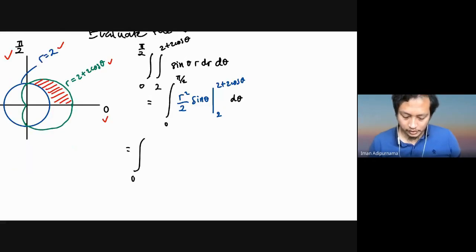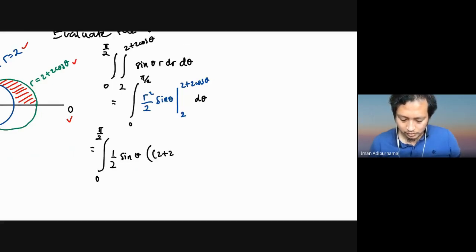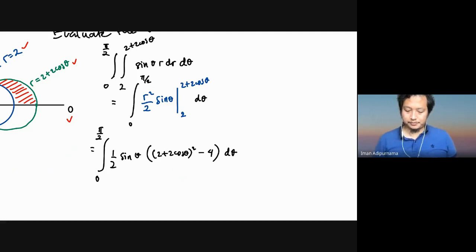You still have this value, and then you have half sine theta, and then we plug in here, 2 plus 2 cos theta, squared, minus 4, and then d theta.